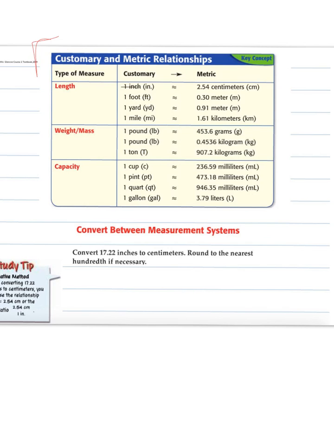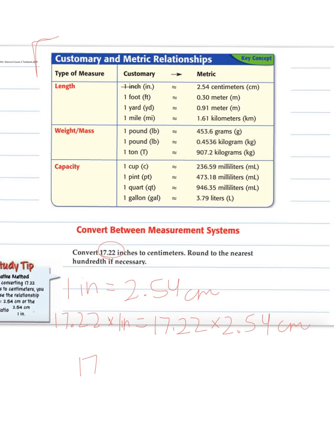Well, we look at our chart and we see that 1 inch equals 2 and 54/100 centimeters. And just like we did before, we now are going to use the 17 and 22/100 and we multiply each side by that. So 17.22 times 1 inch. Again, multiply both sides. And we can use our calculators here.